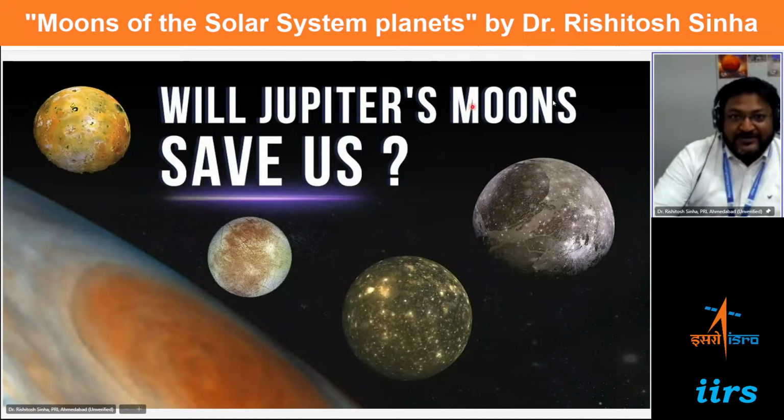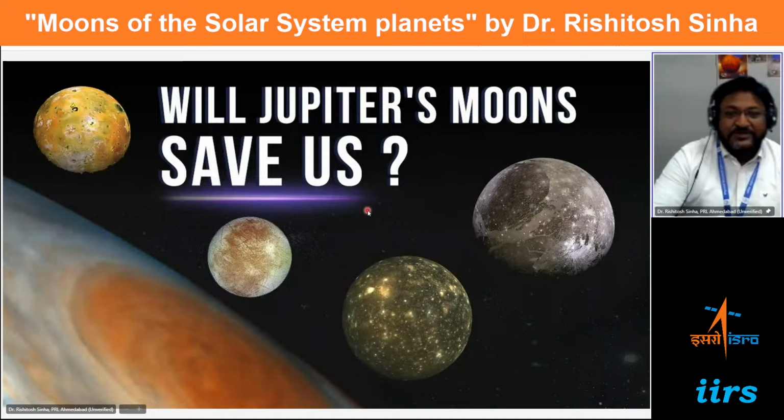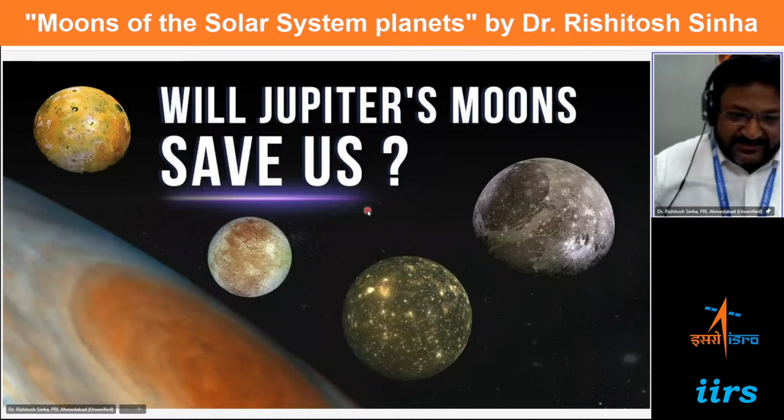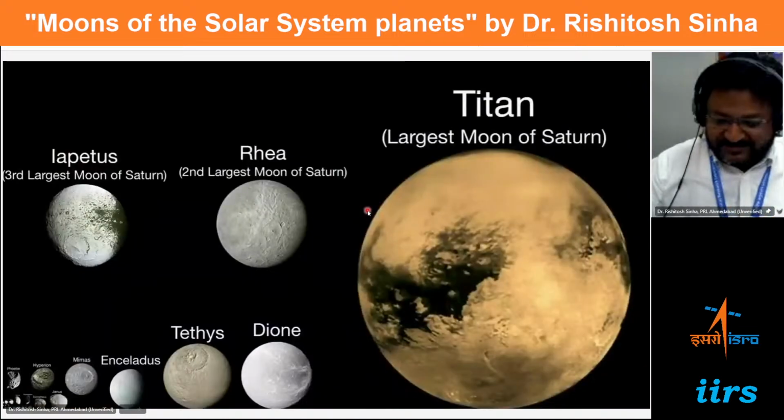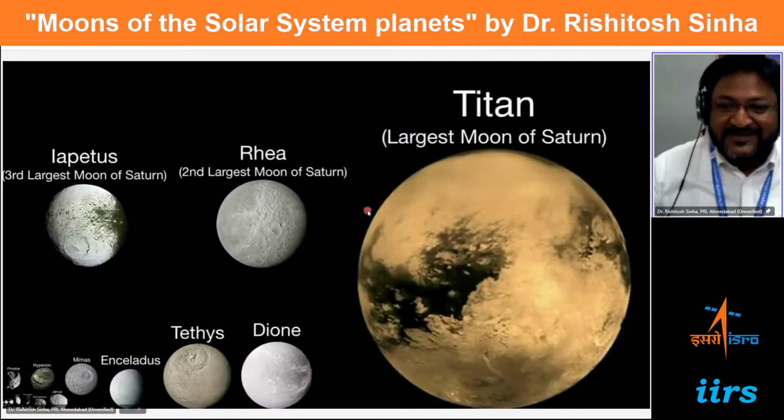So the question that I pose here is, will Jupiter's moons save us? Can we make use of the resources present in the subsurface of these moons and then make sense of whether we can really stay there? Okay, take that on a lighter note, but yes.